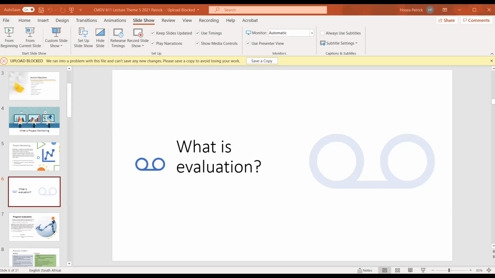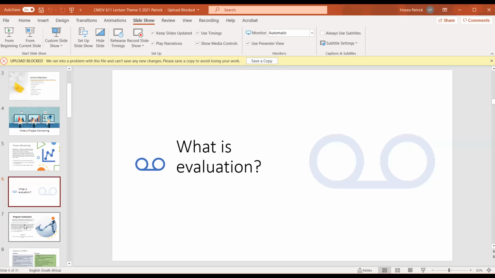In monitoring, we are just looking at the trend. Are we still on track in relation to our objective, right? That's what monitoring does. We look at the track. In the case of evaluation, we are looking at the depth itself, right? How well are we achieving our objective, right? So that's another point when we look at evaluation.